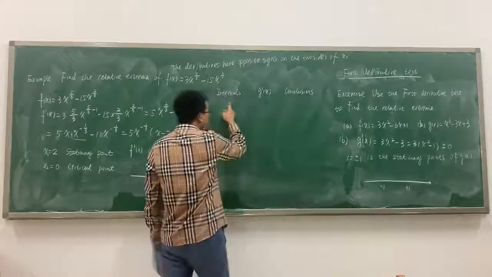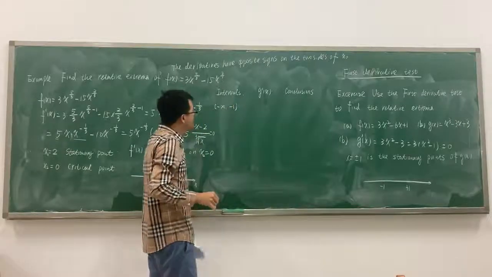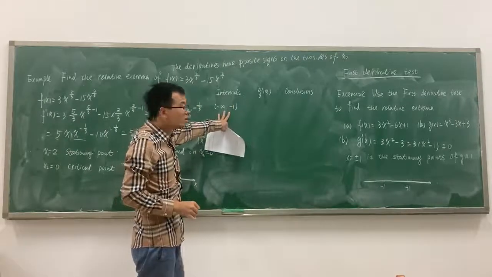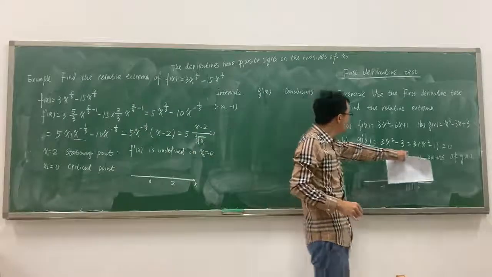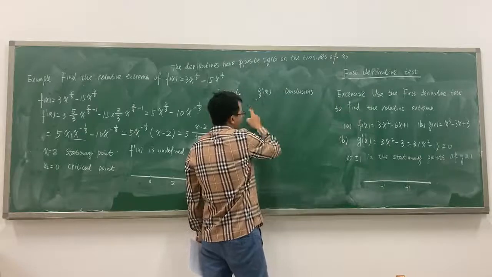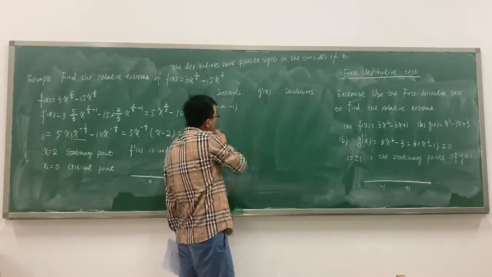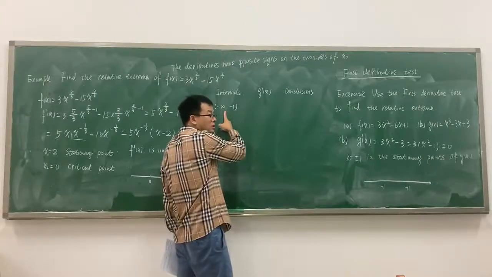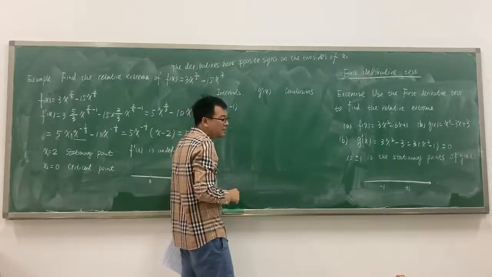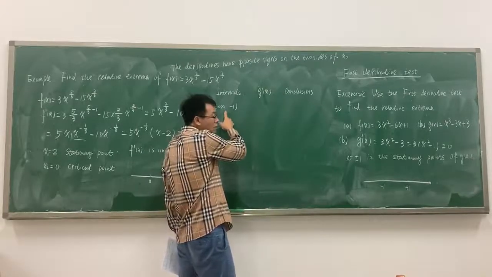The first interval is minus infinity to minus 1. In this interval, g prime is greater than 0 or less than 0? For example, you can choose a number here, minus 2.